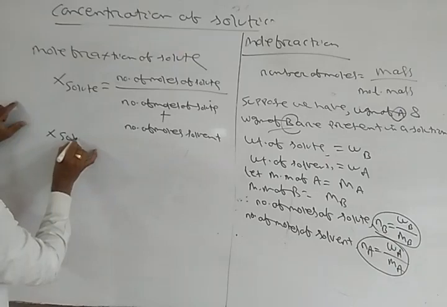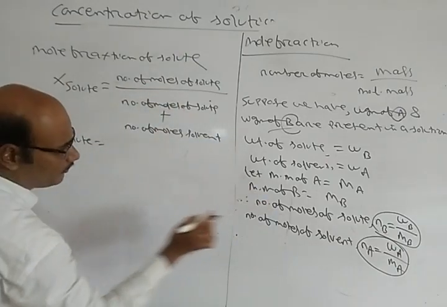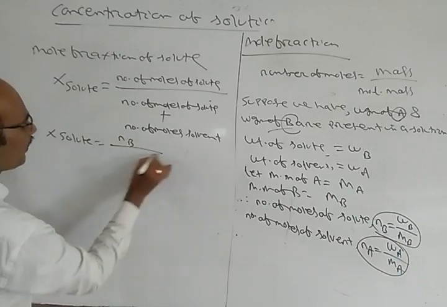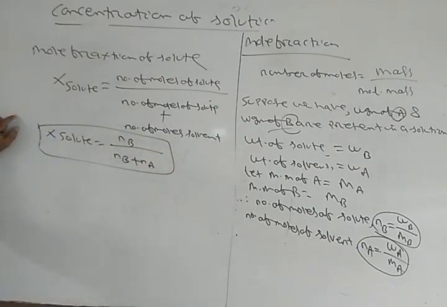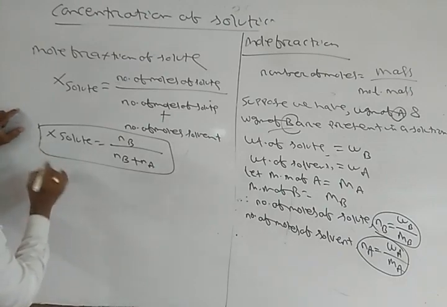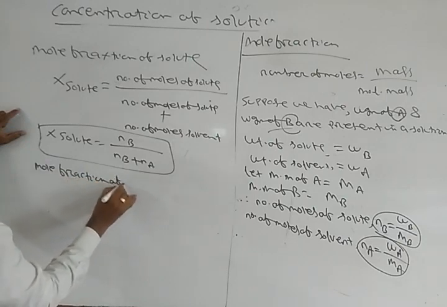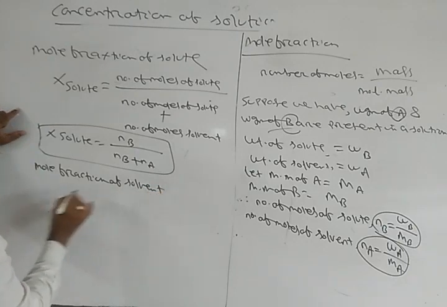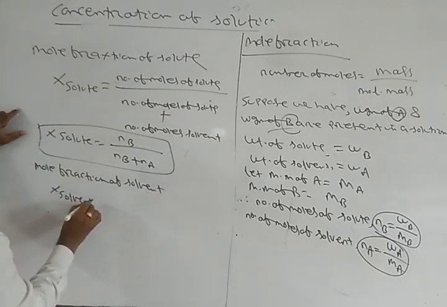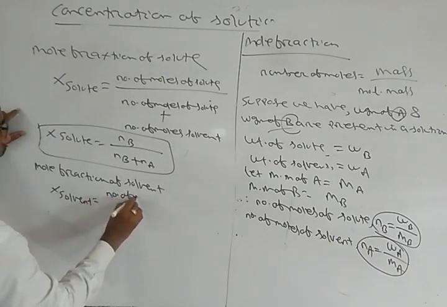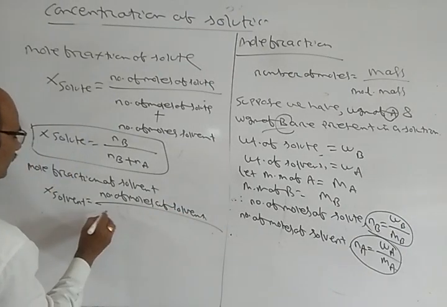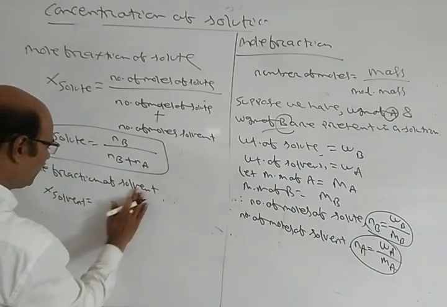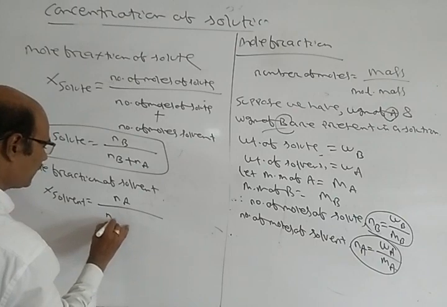Okay, so what you can write now? X solute is equal to number of moles of solute, N of B, by N of B plus N of A. And similarly, your mole fraction of solvent, X solvent, equal to number of moles of solvent, NA, divided by NA plus NB.